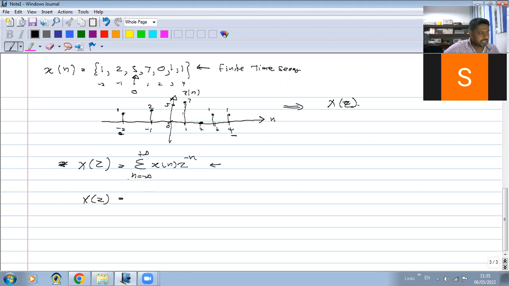This n refers to the sample number, not the number of samples. So this n is the sample number. Here we have only 7 samples, and those samples are from -2 to 4.